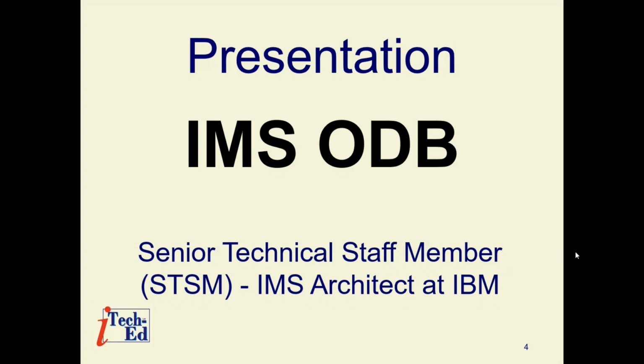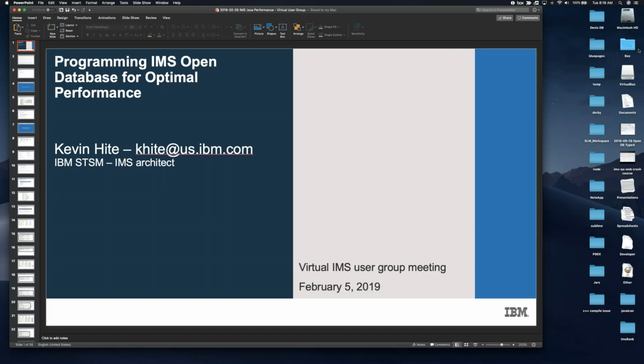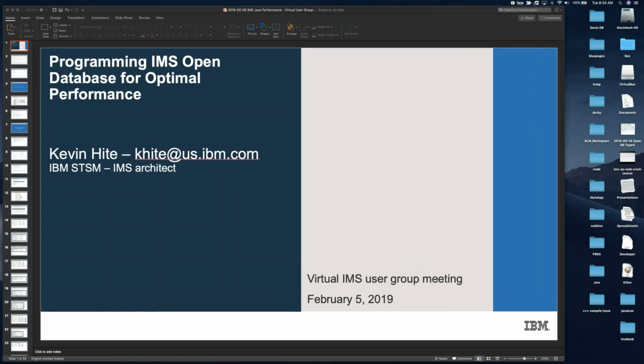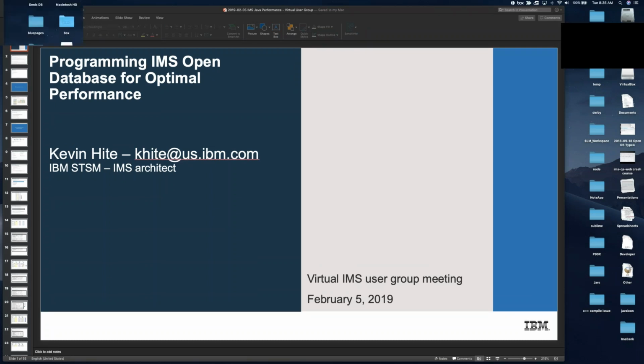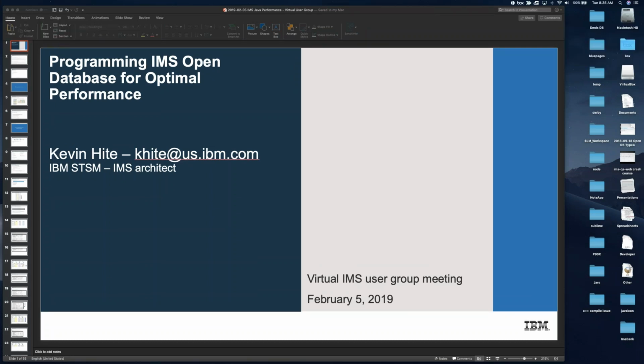All right, thanks, and hey, everybody. Again, my name's Kevin Height. I work at the IMS Development Lab in San Jose, California, and I've been here for, like you said, 12 years now. I looked back through my notes, and I gave a presentation at this user group probably back in 2009, giving an intro to IMS Open Database.